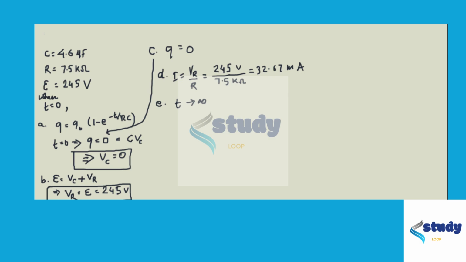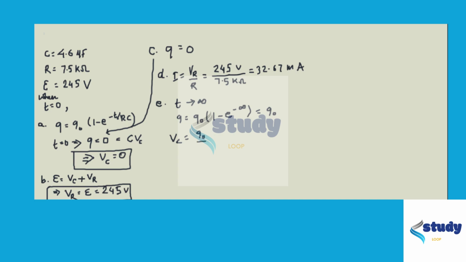So let's do it. Again, let's start from Q equals Q naught times 1 minus e to the power minus t over RC. Since t goes to infinity, e to the power minus infinity is 0, so 1 minus 0 is 1. So Q is equal to Q naught. Now we need to find Vc.